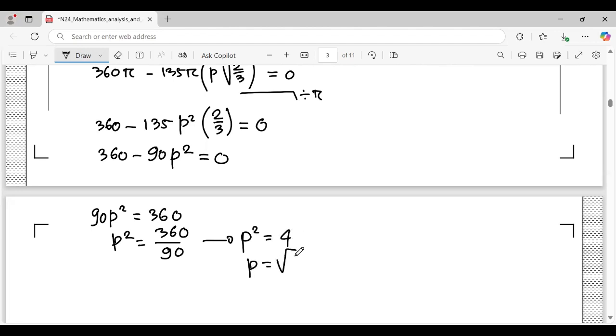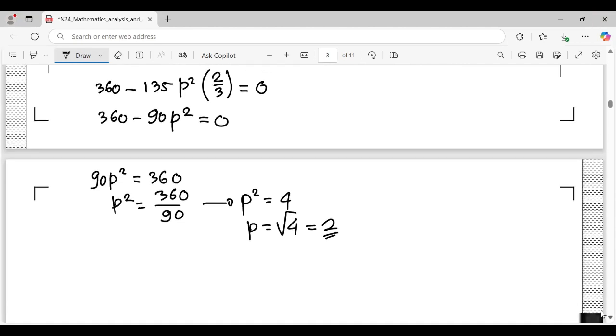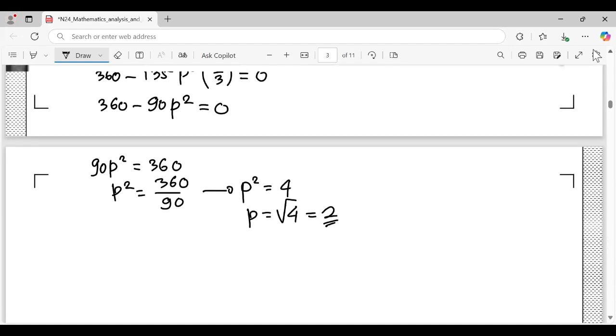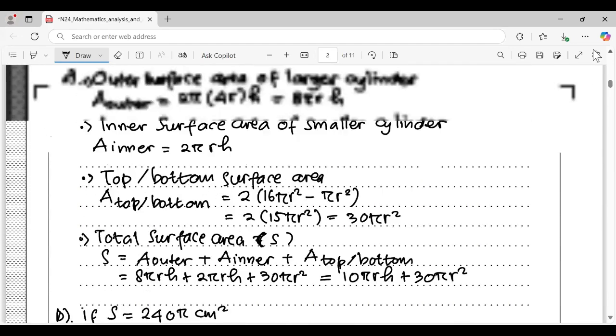P equals square root of 4, and it is 2. So p equals 2.